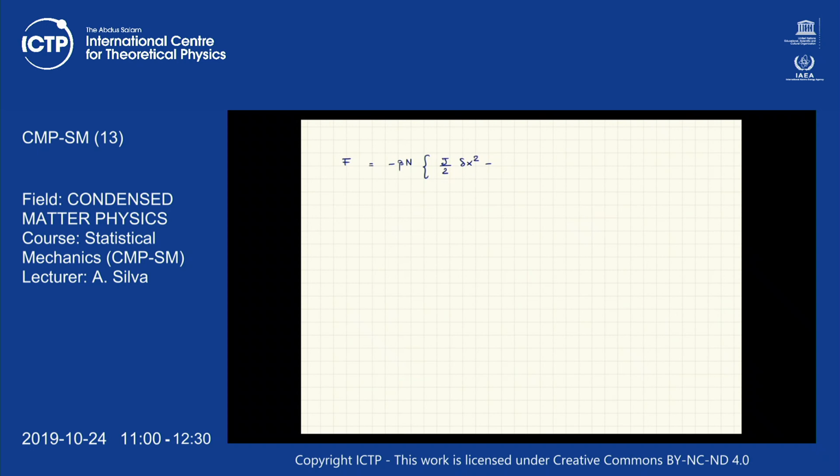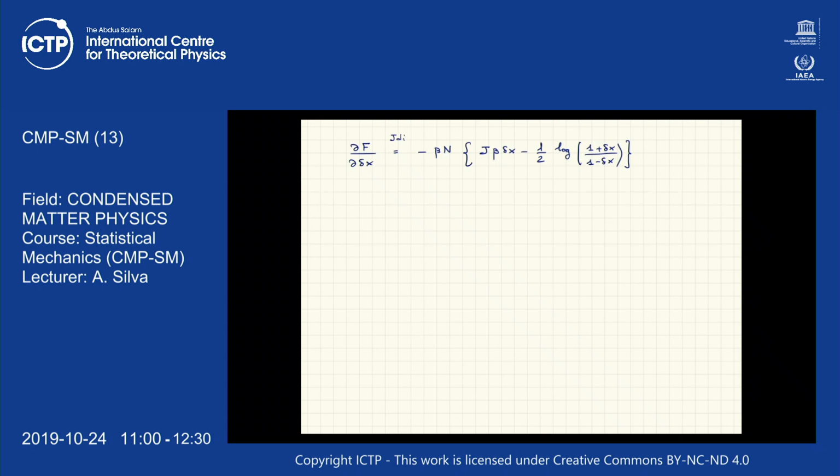Well, let me just write down for you the derivative. So if you take the derivative of f with respect to delta x, I'll let you do the calculation. What you will get is that this is minus beta times n times J delta x minus 1/2 log of 1 plus delta x divided by 1 minus delta x.